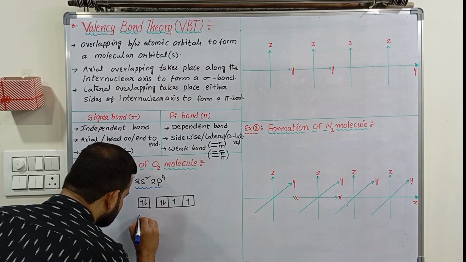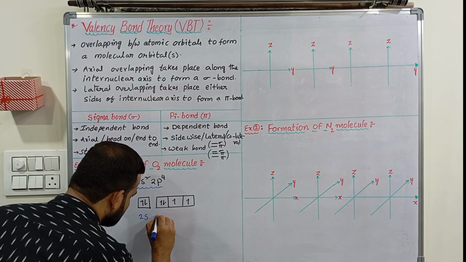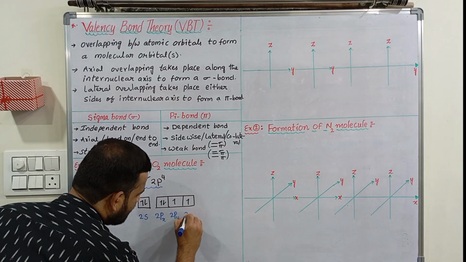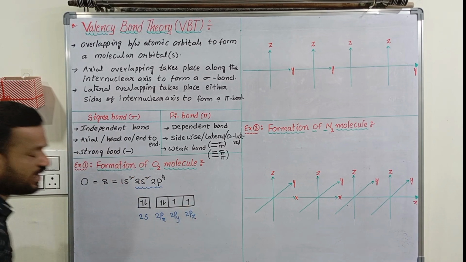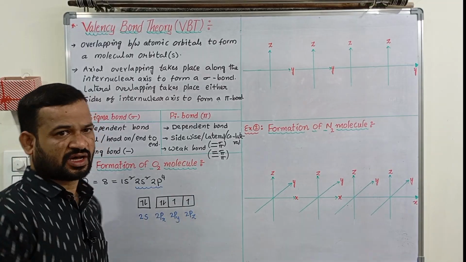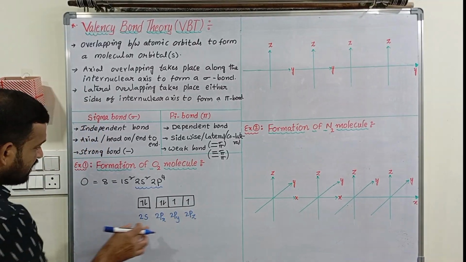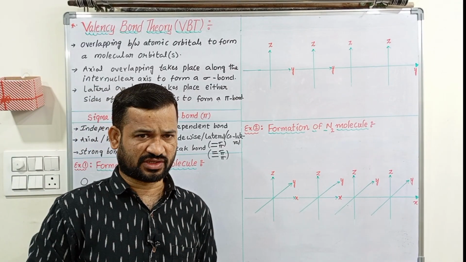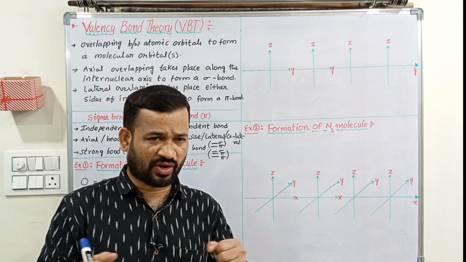Understand? So this is 2s, this is 2px, 2py and 2pz. The p subshell contains 3 p orbitals, they are px, py and pz orbitals. Only unpaired electrons will overlap each other.